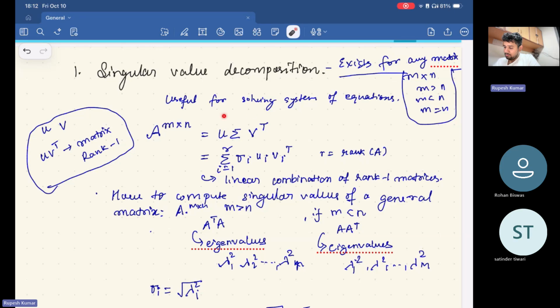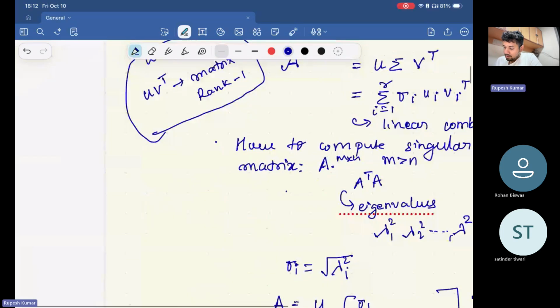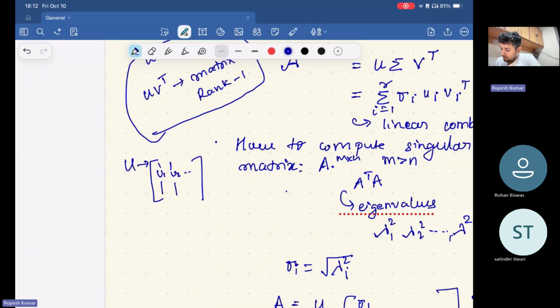So it can always be written as U sigma V transpose, where the matrix U contains the column vectors u1, u2, and so on, as you saw here. Similarly, matrix V contains the vectors v1, v2, and so on.